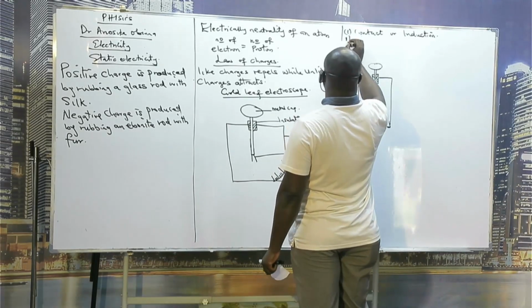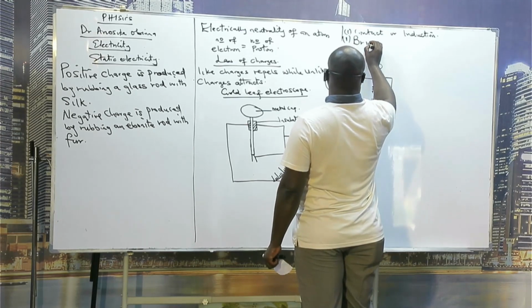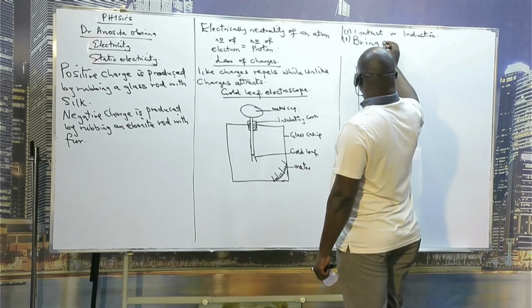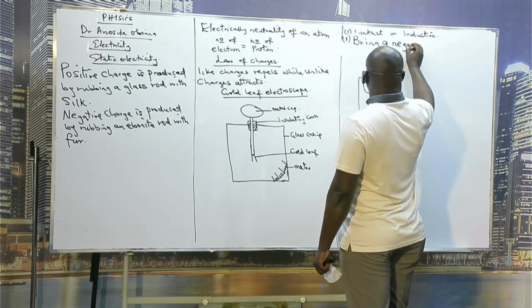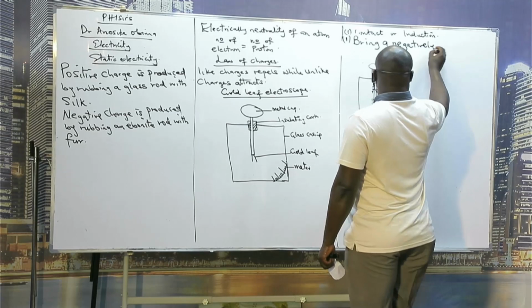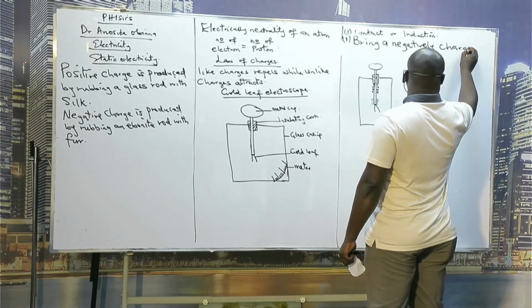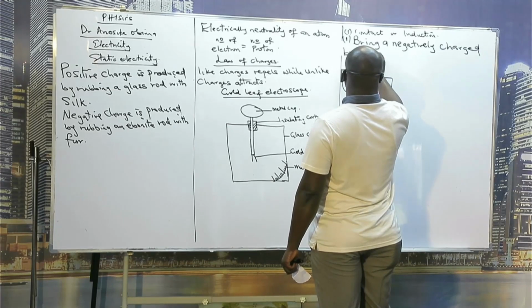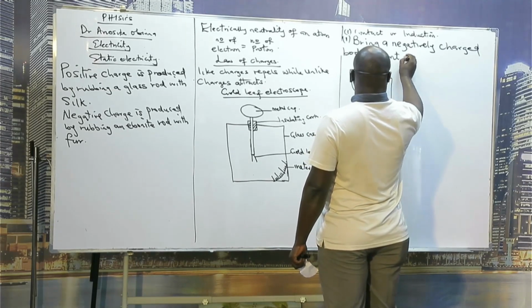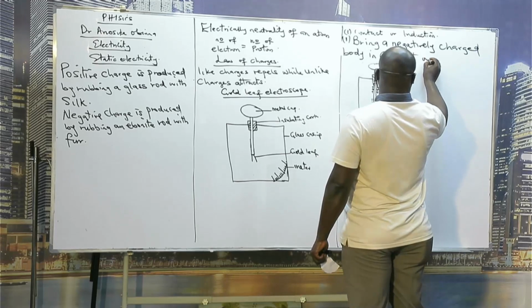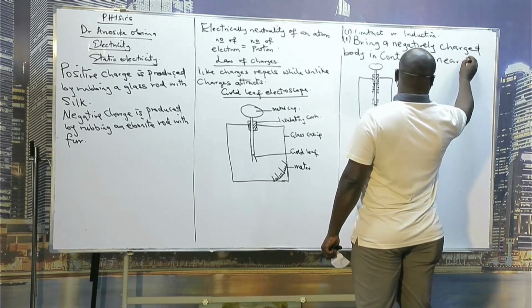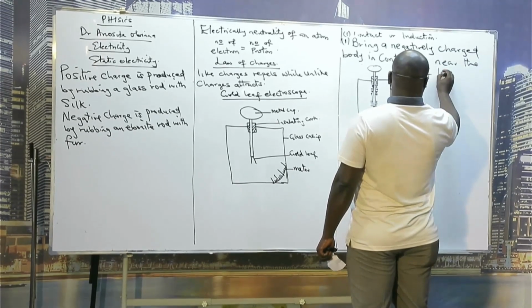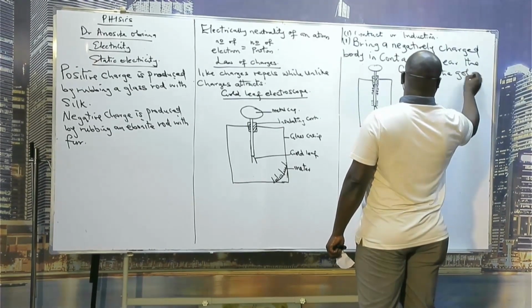Number one, bring a negatively charged body in contact or near the cap of the gold leaf.